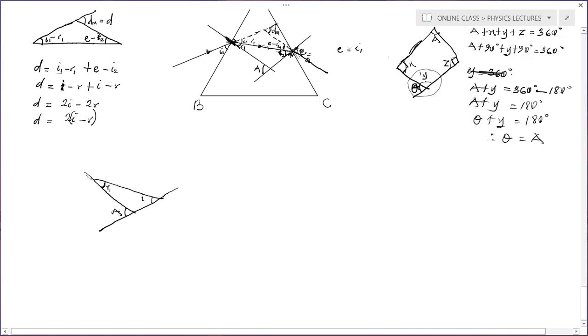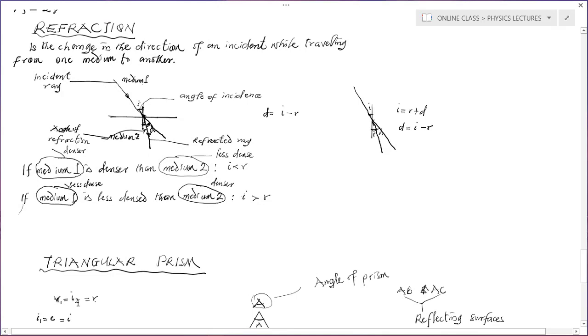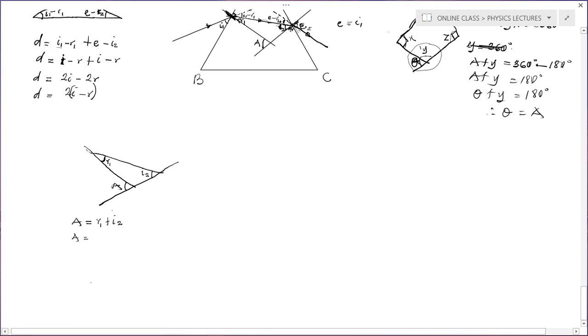Here is I2. Well, we have proved that. So from here you will see that A is equal to R1 plus I2. That is, from the top that we proved the other time, I1 equals I2 equals R, which means the two of them will be R plus R, and A equals 2R, which means that R equals A over 2. But that one has been proved already, but I want to go further to explain something to you.